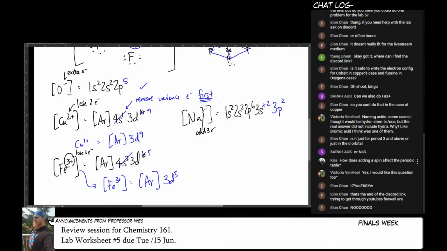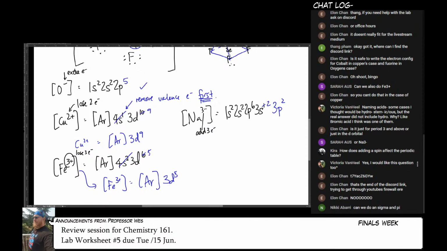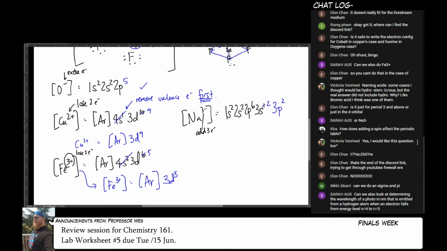How does adding a spin affect the periodic table? I'm not sure what you mean by adding spin. So, spin is a property that all electrons have because it's a property that anything in motion has. Like if you have a ball and you try to roll the ball perfectly straight in a frictionless environment, it will start spinning in all directions.